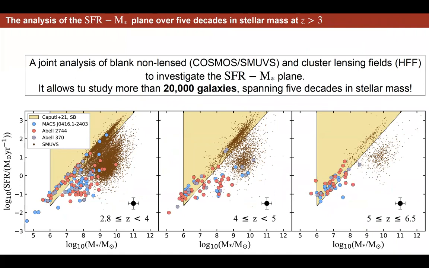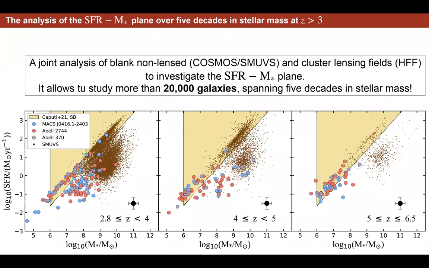So our sample now is characterized by more than 20,000 galaxies. So we decided to split our study in 3 redshift ranges, from 2.8 to 4, from 4 to 5, and from 5 to 6.5. Again, here I show you the starburst cloud as proposed by Caputi and collaborators. The brown points refer to SMAVS galaxies.